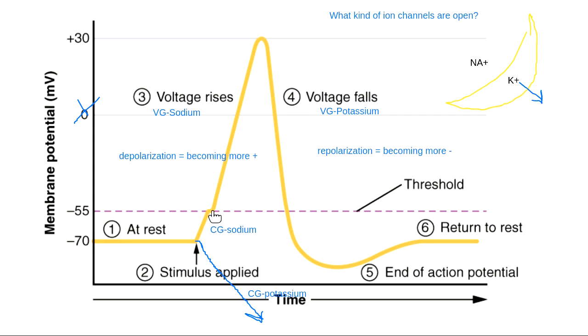When I get all the way up to there, those guys open up. When I get all the way up to positive 30, that's what's going to cause voltage-gated potassium channels to open up. So they open up at one voltage, positive 30. My voltage-gated sodium channels open up at a different voltage, at negative 55.